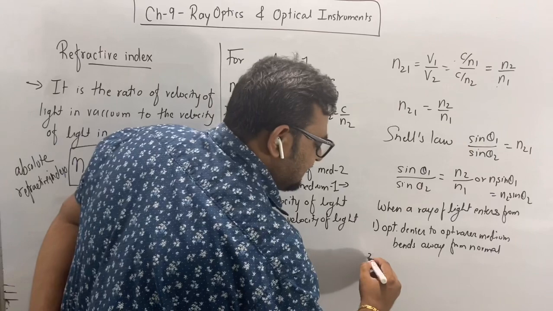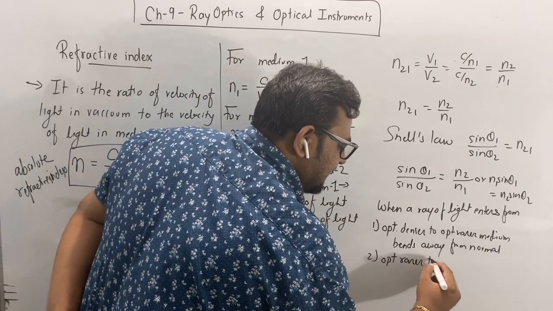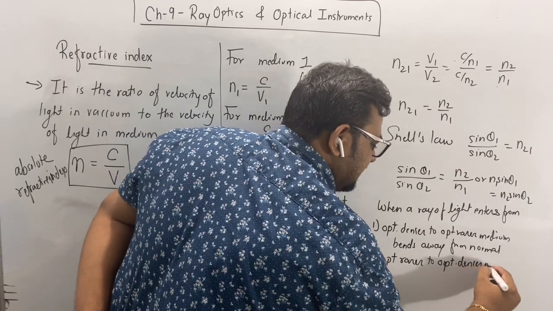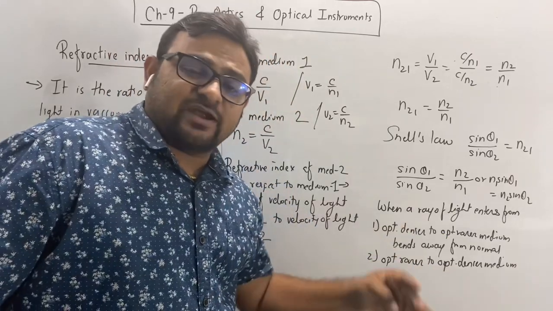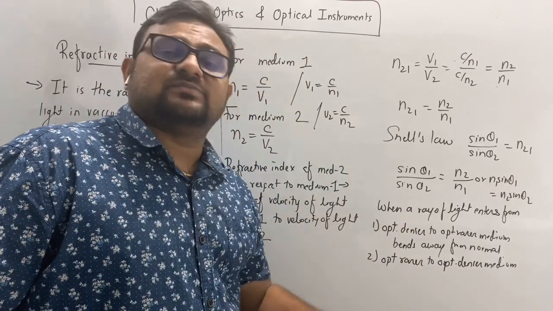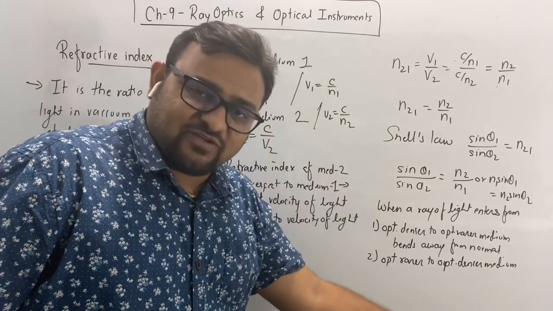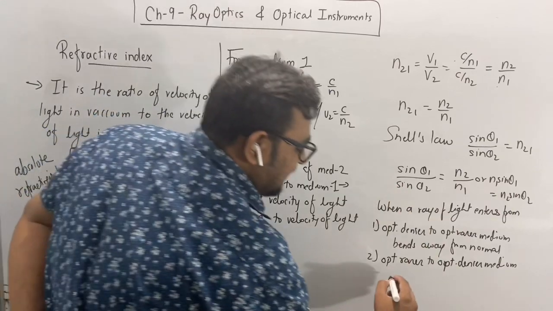And second, if it enters from optically rarer to optically denser medium, that means from air to glass or air to water, it is going from lower refractive index medium to higher refractive index medium. So its velocity decreases. So what happens?